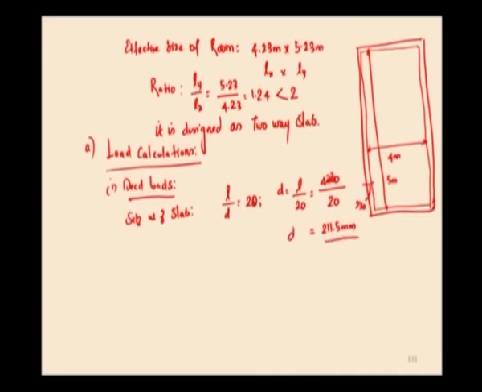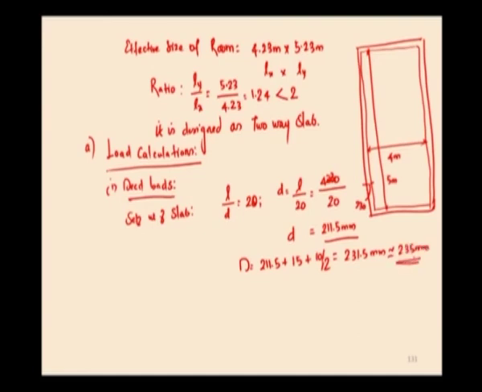This is the effective depth of the slab, and the overall depth of the slab is 211.5 plus the clear cover for the slab, which is 15 if the diameter of the reinforcement is less than 12 mm, and next the diameter of the rod, which here I am going to use is 10, so it is 231.5 millimeter. So the overall depth of the slab is merely 235 millimeter that I need to use.